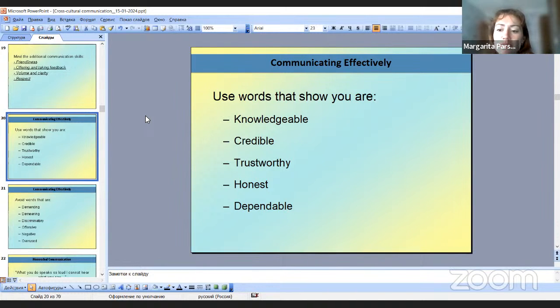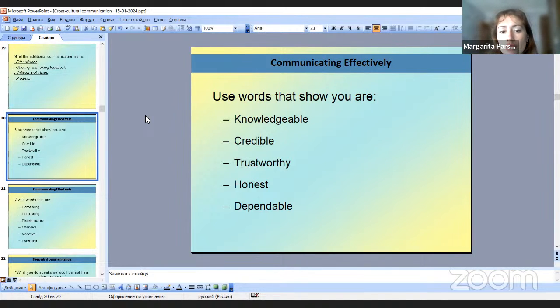To make your words credible, just be confident and believe what you're saying. If you believe what you're saying and you know what you're talking about, it will be simple for other people to understand you and to believe your words.